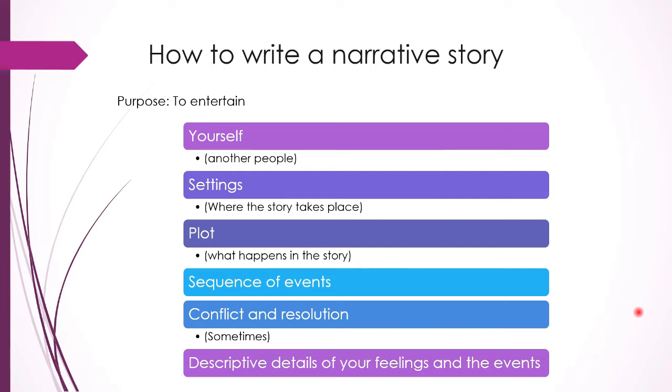So the details you are going to include here, obviously adjectives. Adjectives are the words that are going to help you to show and to detail places, people, things, the environment in your story, the way that you were dressed, the way that you were eating, how the environment was.